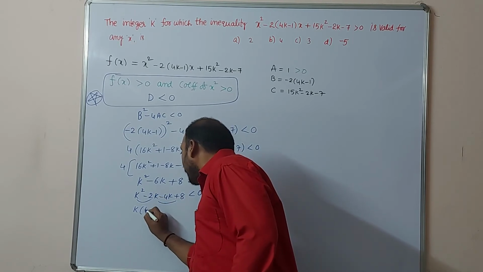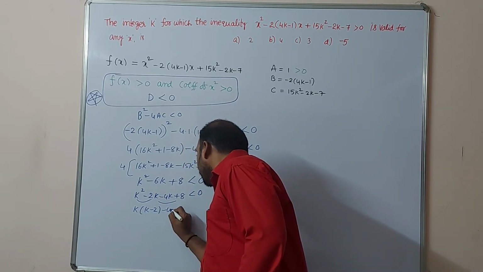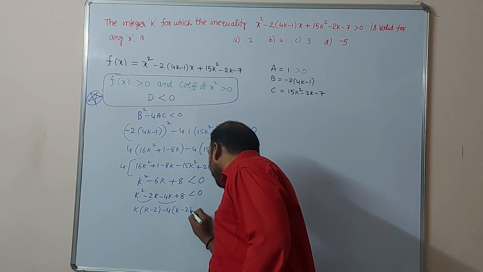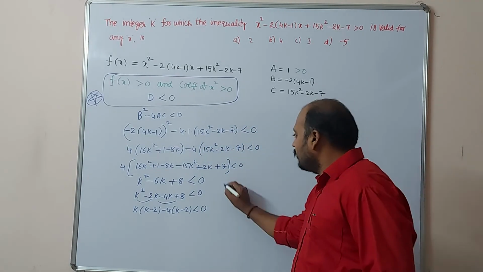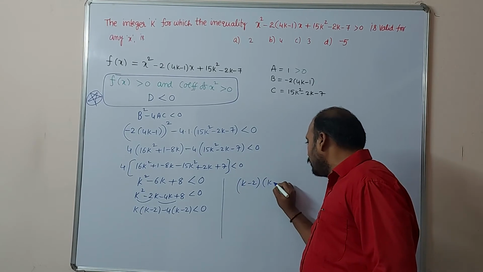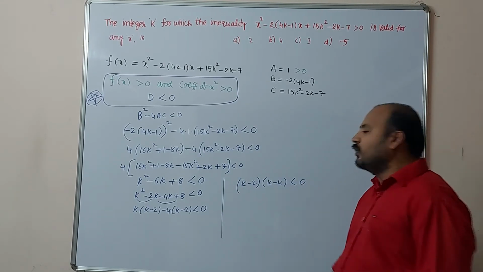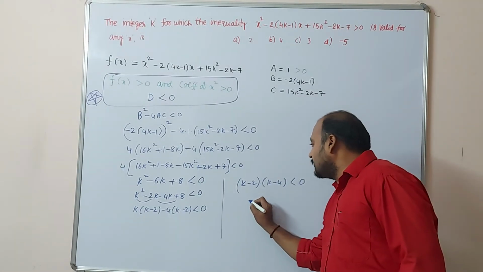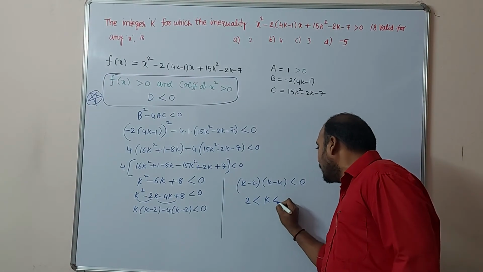So k into k minus 2 minus 4 into k minus 2 is less than 0. So we can write it as k minus 2 take common, k minus 2 into k minus 4 is less than 0. So this can be written as 2 is less than k is less than 4.